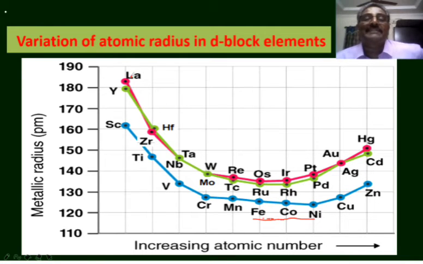The 5D series elements are lanthanum, hafnium, tantalum, tungsten, rhenium, osmium, iridium, platinum, gold and mercury. These values, metallic radii, are taken in picometers on the y-axis, and increasing atomic number is taken on the x-axis.